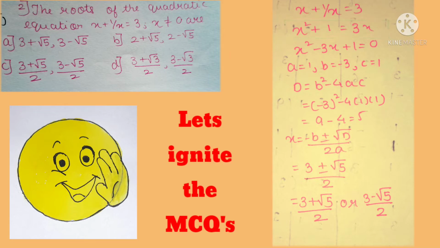If we multiply each and every term by x on the LHS and the RHS, it becomes x square plus 1, because 1 by x into x is nothing but 1, is equal to 3x. I have just taken the 3x from the RHS to the LHS, so it becomes x square plus 1 minus 3x. So it became a quadratic equation.